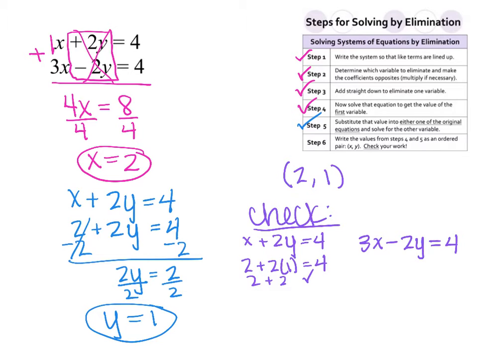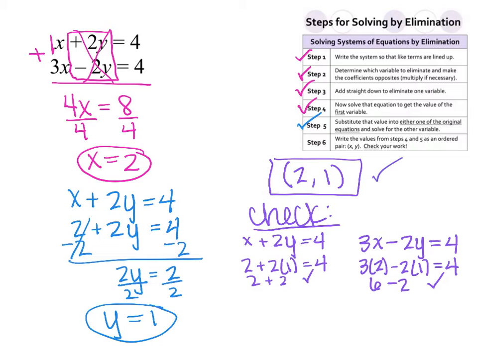What about the second equation? 3 times 2 minus 2 times 1 is supposed to equal 4. Well, that's 6 minus 2, and 6 minus 2 equals 4. So the second one checks out. That means this was my final answer, and I can say now I am done, and I am sure it is correct.